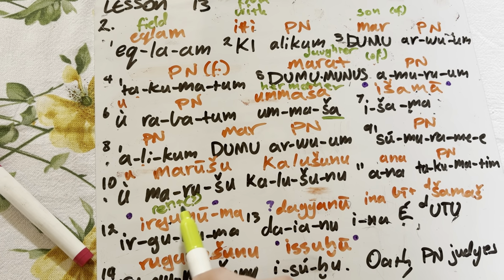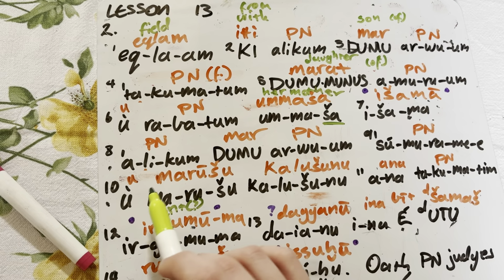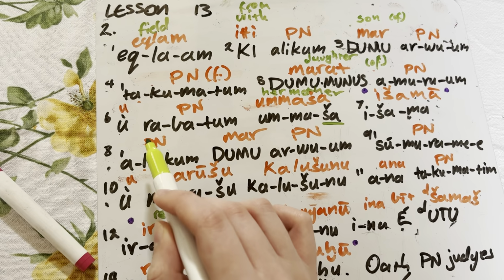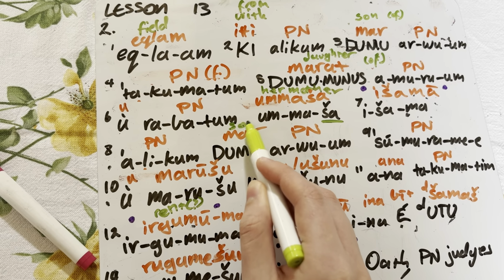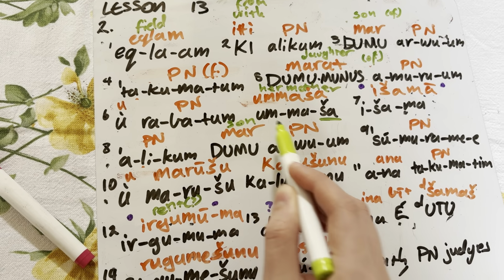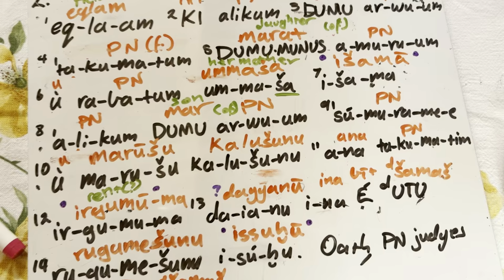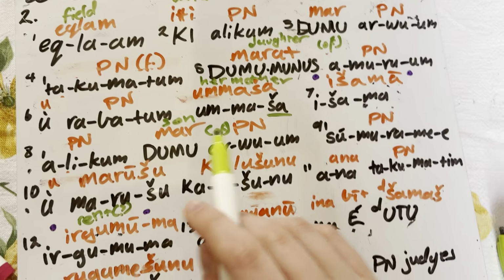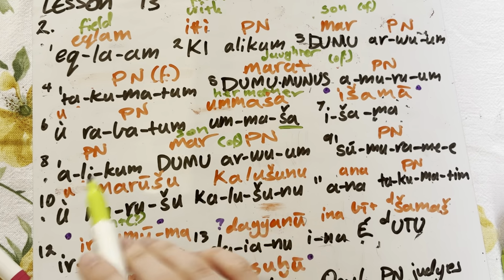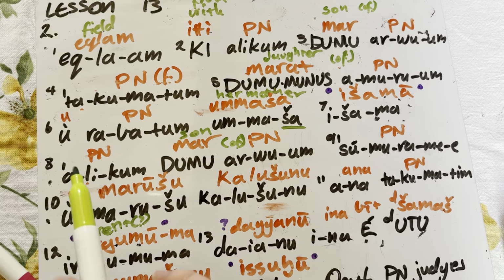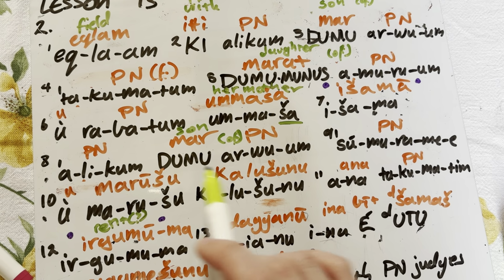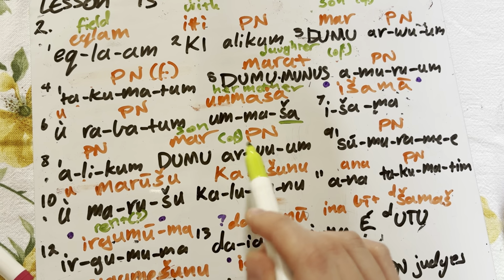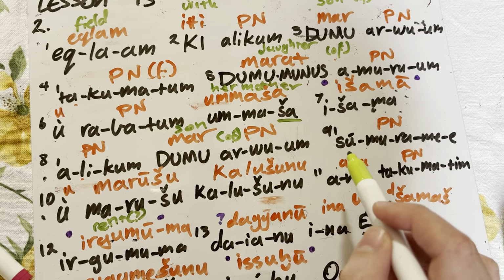Anyway, so let's go back to here. So this is so-and-so, son of, sorry, I don't have a little stand for my phone, so I'm holding it. I'm just making sure that I'm actually catching everything in video. All right. Alikum mar Arwum, so son of so-and-so.